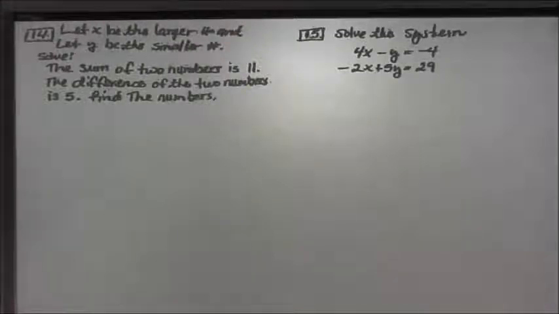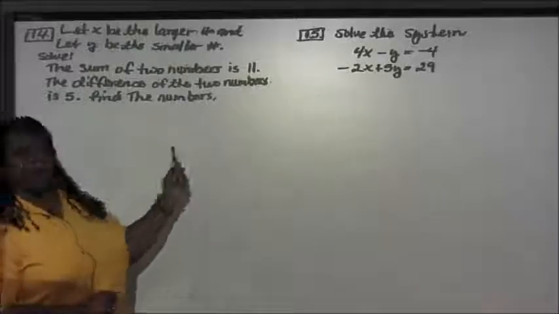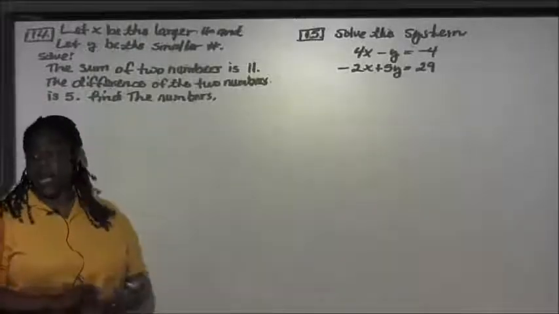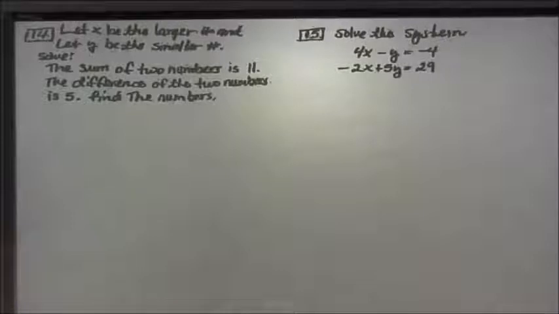You definitely have number 14 on there, where you actually have to write out the equations yourself, then solve. And then you have 3 questions like number 15 that you have to actually solve. So you have to use one of the chosen methods. No guessing. You have to use either elimination or substitution, and you can do all of these using one of those methods.